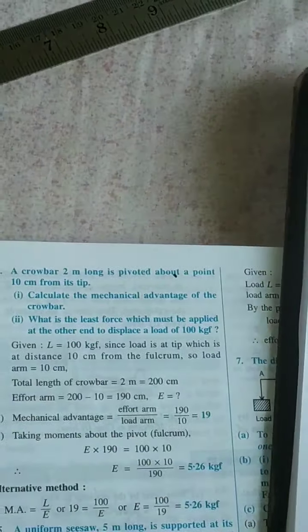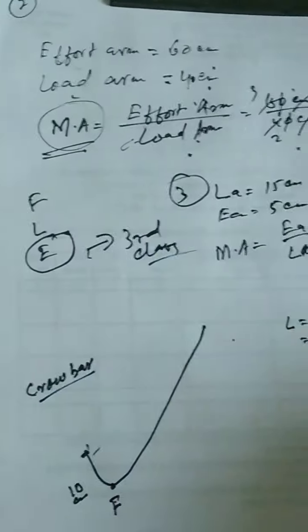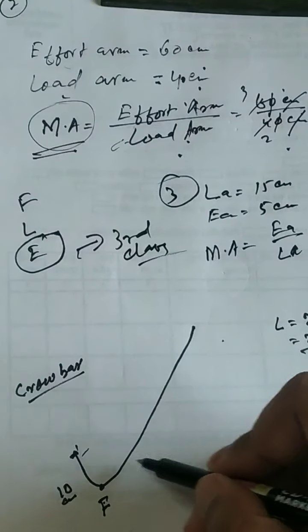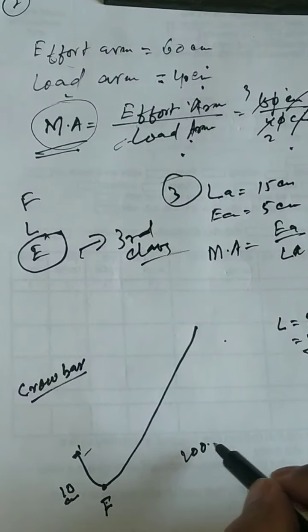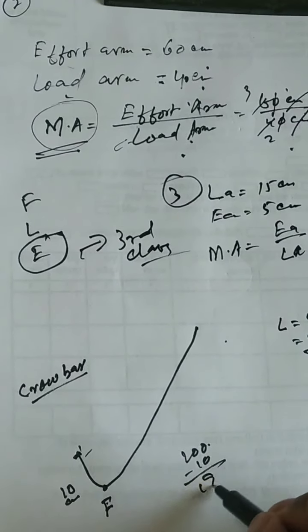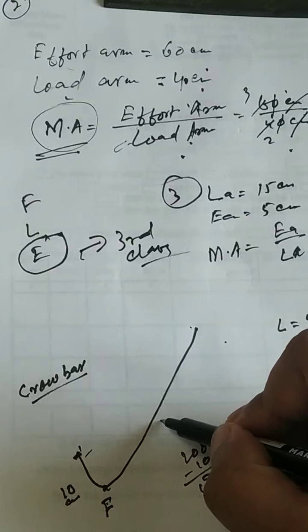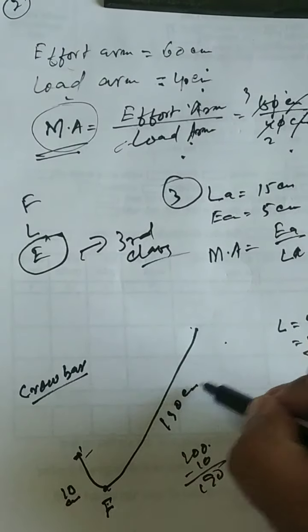So this is the tip, and from here to here the distance is 10 centimeter. This total is 200 centimeter. So how much is left? 200 minus 10, so 190. This length is 190 centimeter.